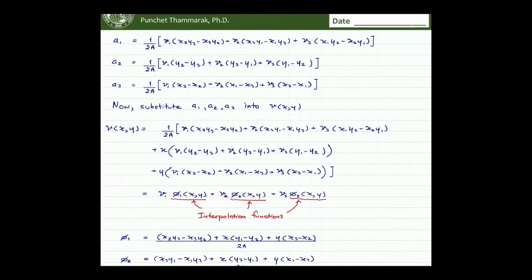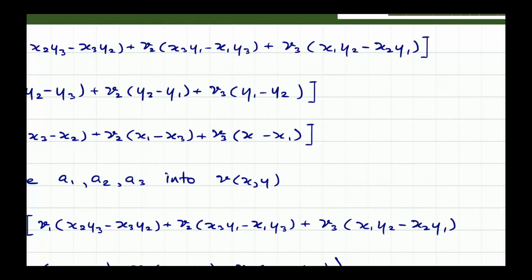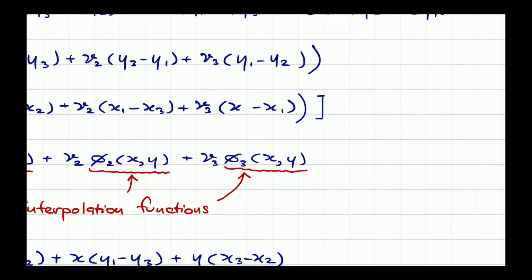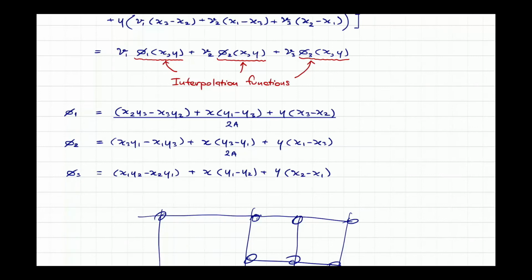Where for y, okay, it is supposed to be x2 minus x1 here. That is x2 minus x1 divided by 2a.